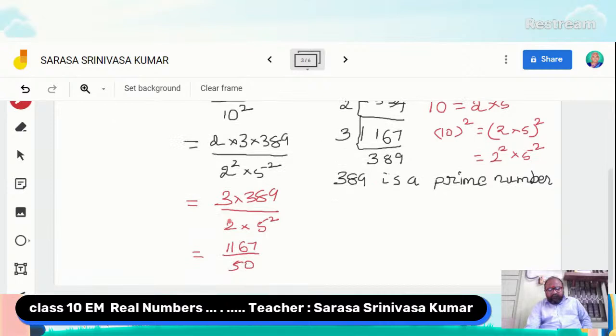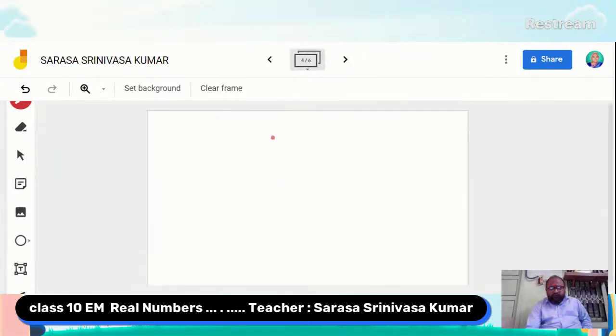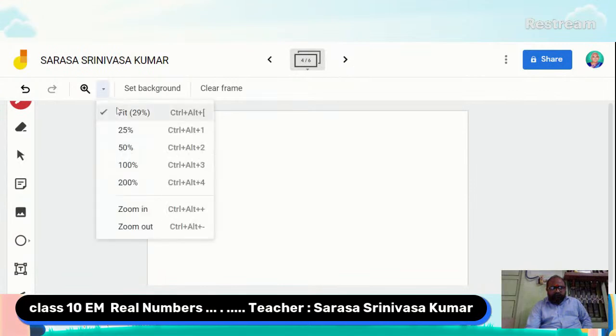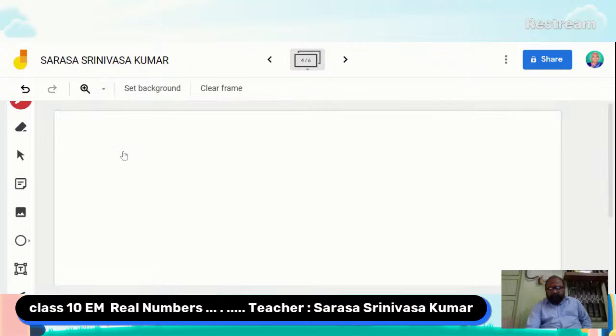Therefore, finally we get 3 multiplied by 389 divided by 2 multiplied by 5 square, and hence the final answer is 1167 divided by 50. Now, we consider the next problem.